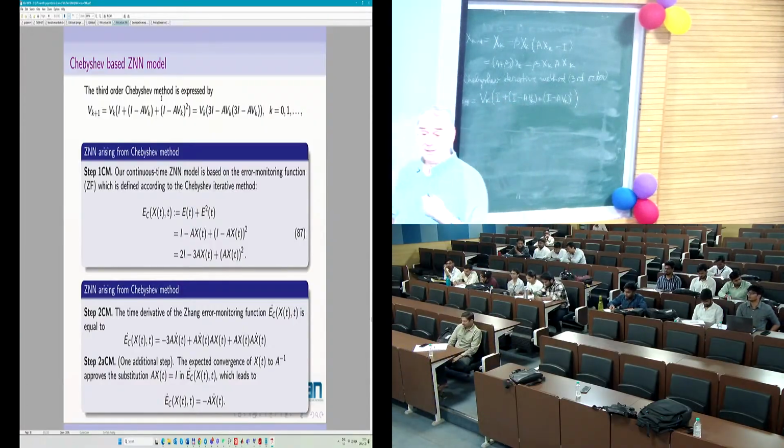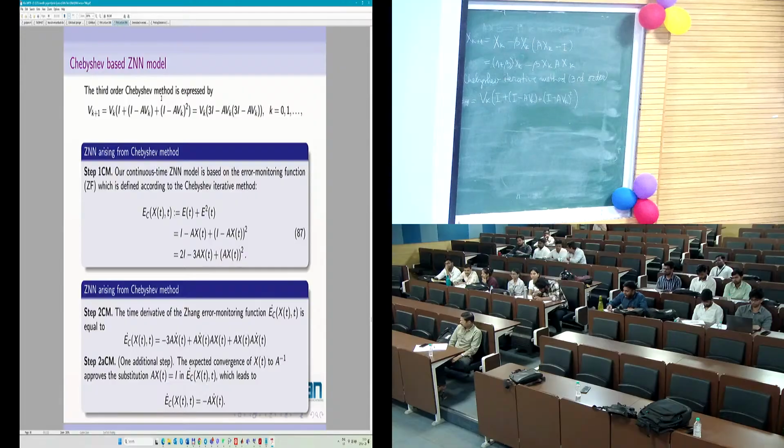What was the idea? I will use iterations of high order and go back to the continuous time model. Because switching from continuous time by discretization resulted in a Newton method, second order. Here I will use third order for the beginning, later high orders, and define the corresponding ZNN dynamical system.